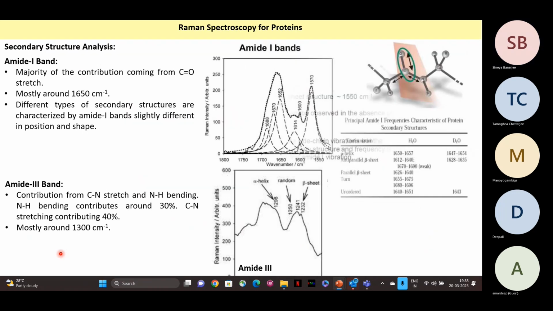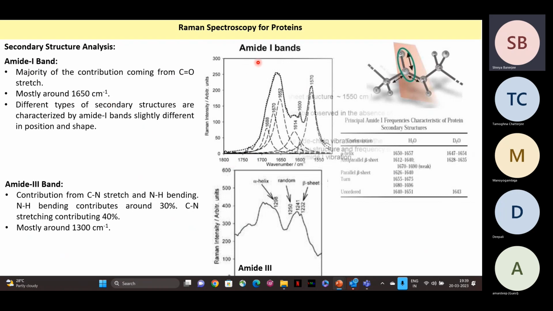So Raman spectroscopy for proteins. As we have seen in IR, the amide 1 has certain characteristic peaks for each secondary structure. The same is for Raman. So amide 1 band in Raman is mainly from the CO stretch, and it comes around 1650 centimeter inverse.